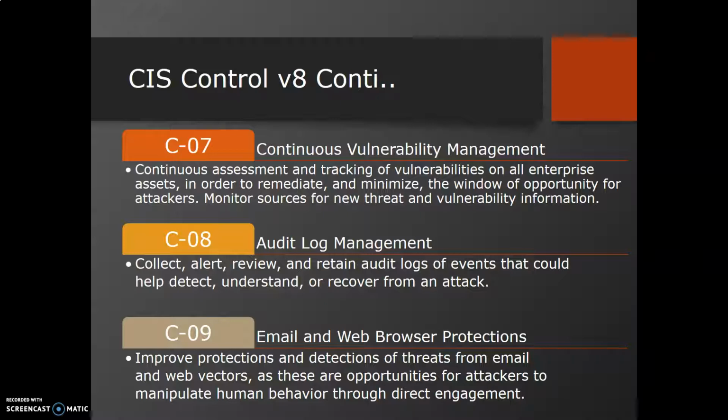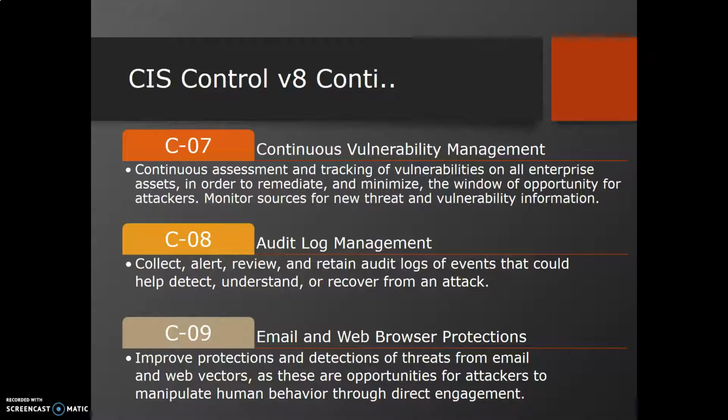So the ninth control talks about email and web browser protection. What it says: improve protection and detection of threats from email and web vectors, as these are opportunities for attackers to manipulate human behavior through direct engagement.